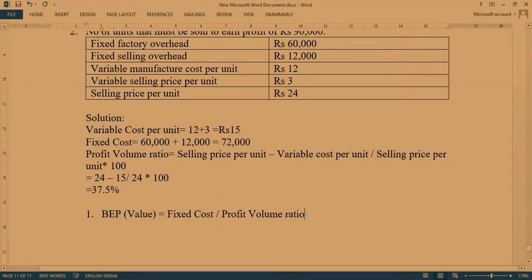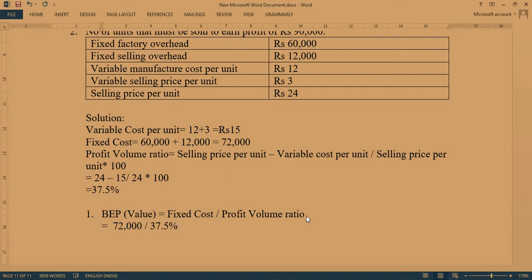We already know the fixed cost here, the information is given: fixed cost is 72,000 rupees. 72,000 divided by the PV ratio, which is 37.5%.